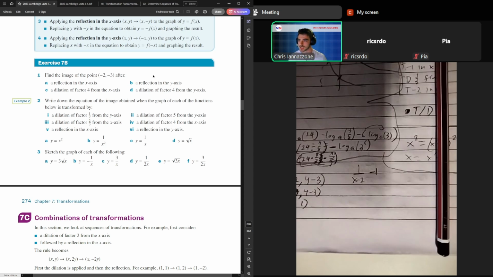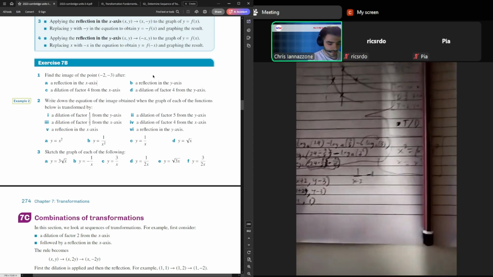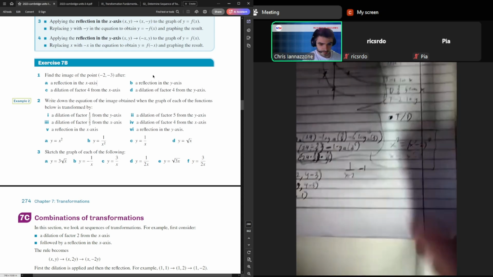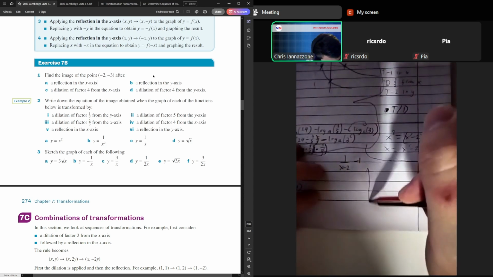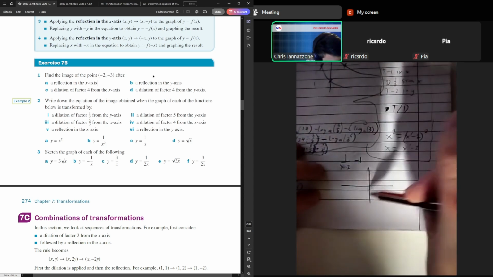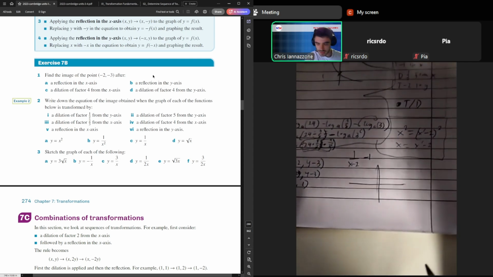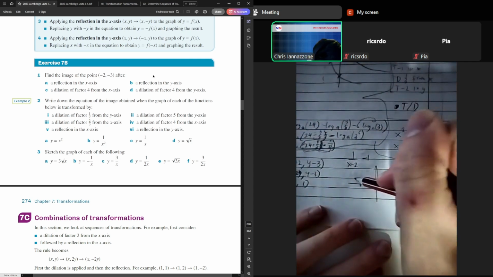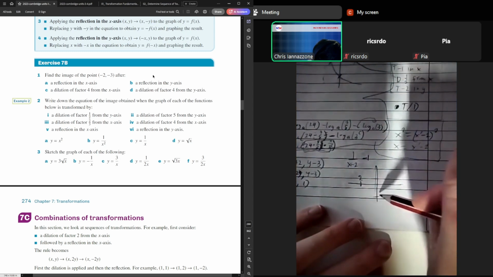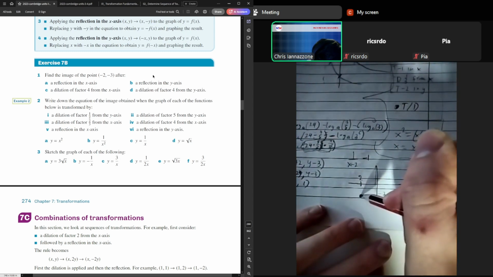So reflection in the x means the x-axis acts like a mirror. This is where people get tripped up because of how the wording is. To demonstrate this, I'll draw the axes and show you the point. So -2, -3 would be like this, basically.